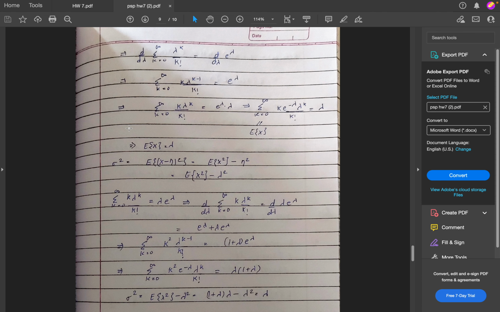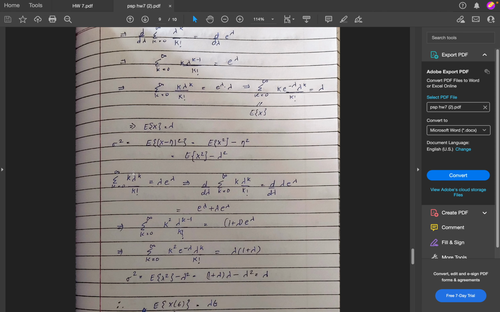Now for sigma square, we know that it is the expected value of (x minus eta) squared, which can be written as the expected value of x square minus eta square, and eta square we have already calculated in the previous part.